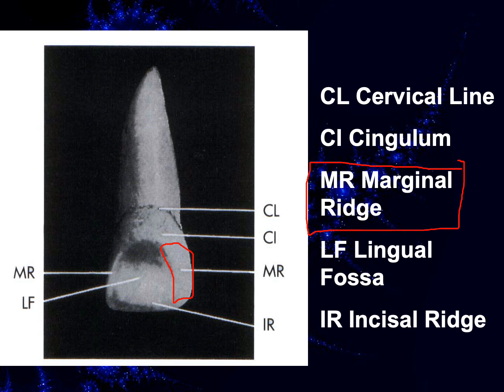It's a linear elevation on the mesial and the distal sides of the lingual surfaces of anterior teeth. This is an incisal ridge because it's an elevation on the incisal edge.